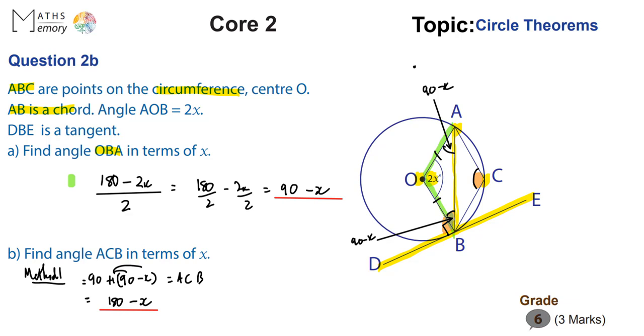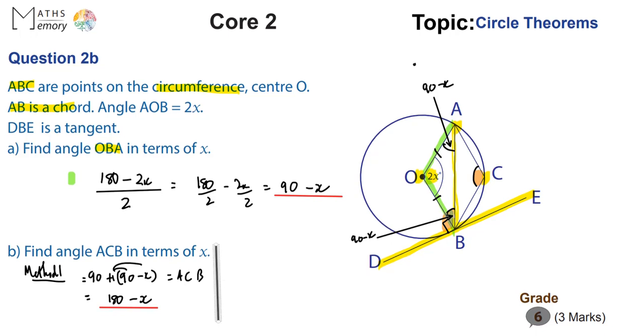A second alternative could be this over here. We can use the double angle theorem. Now this is what we want to find out, ACB. Hence we could find out this angle over here, which would be double the angle of ACB.